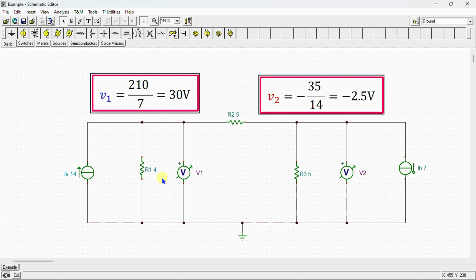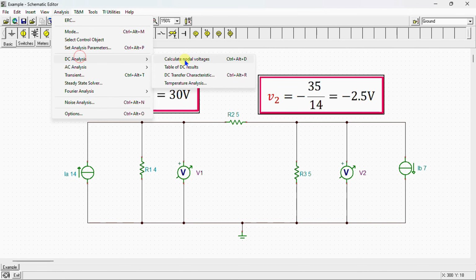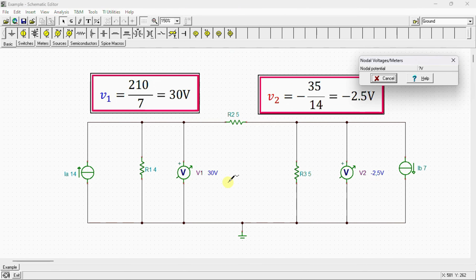We connect here a voltmeter in order to measure the node voltage V1, and here another voltmeter to measure the node voltage V2. If we go to analysis and select calculate nodal voltages, we can see here that V1 is equal to 30 volts and V2 is equal to negative 2.5 volts.